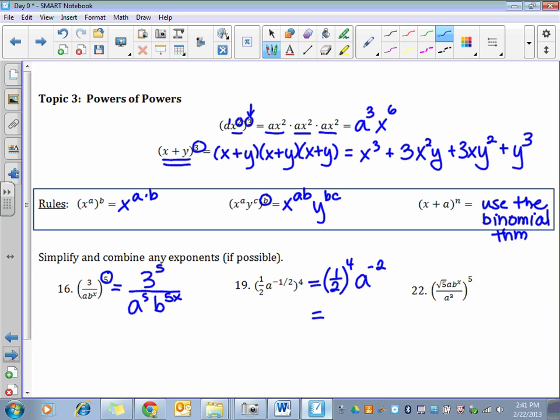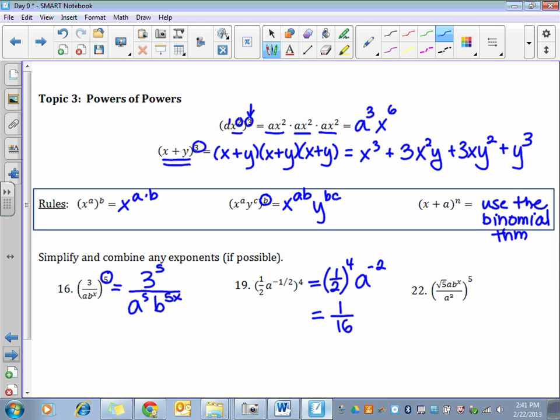I can even distribute it in this fraction. 1 to the 4th will just give me 1 though. 2 to the 4th, however, is a handy dandy number. 2 times 2 times 2 times 2, so that gives me 16. And then a to the -2 power.